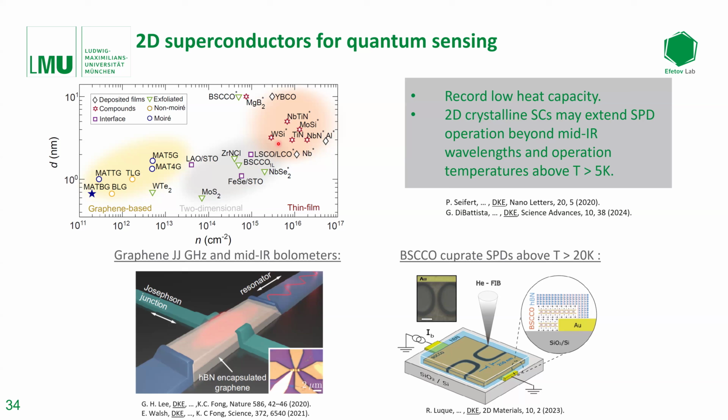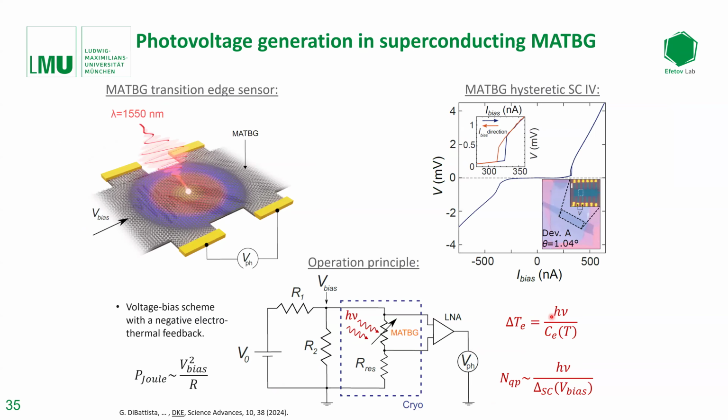And so, long story short, we were over the years already using this type of graphene and 2D superconductors to perform some sort of gigahertz or mid-hour single photon detection capabilities. And of course, we also wanted to try this with twisted bilayer graphene. And so here is basically just the typical measurement scheme.